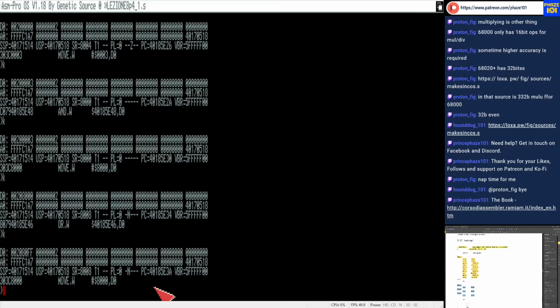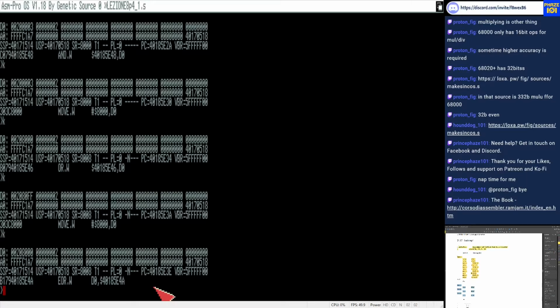Next one, we are moving 8,000 into the 0. Now we are going to do an XOR. So we're going to invert the bits with what is in data 3, and data 3 has the value of C000.